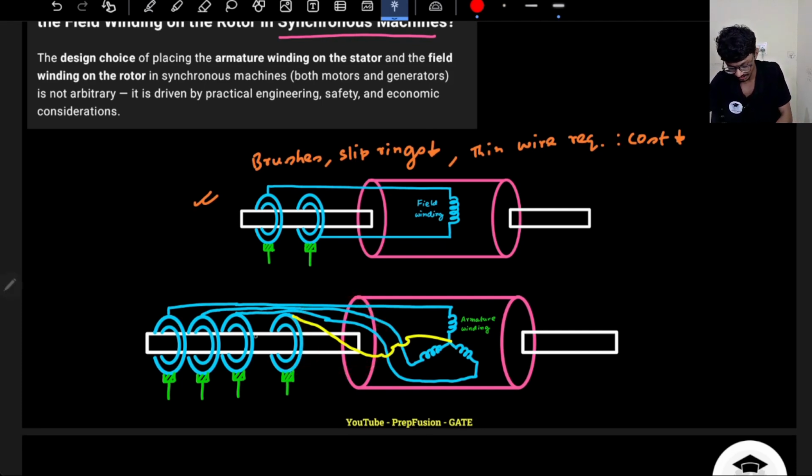Now one more thing, remember that generally the armature voltage is higher. If the armature voltage is higher, then there is a possibility of breakdown happening between these two points, because we need to have a neutral as well.